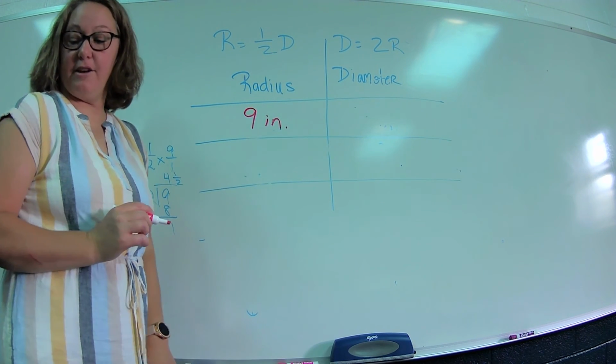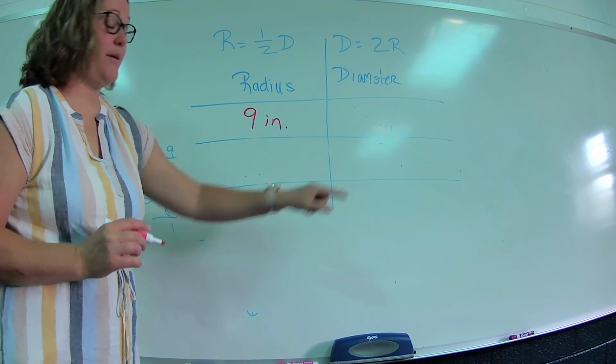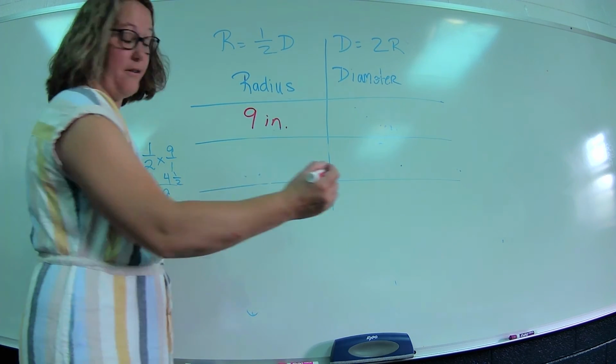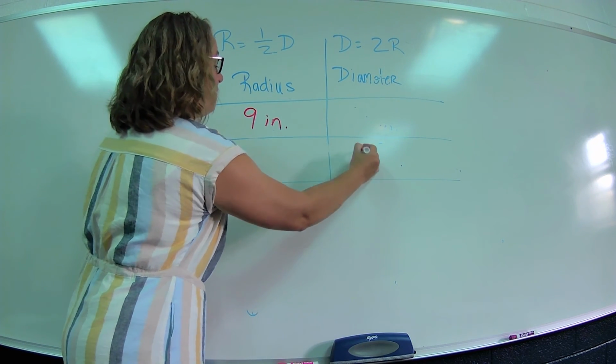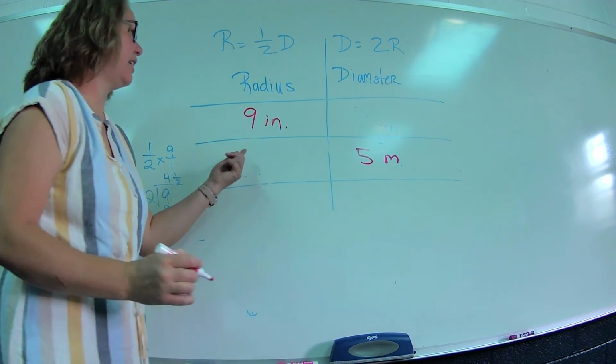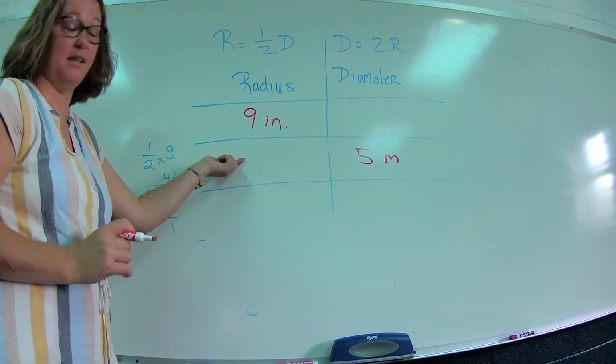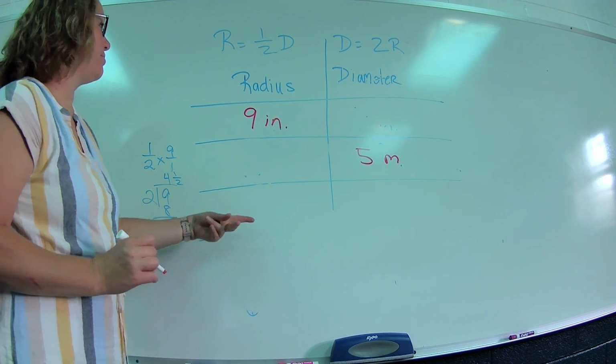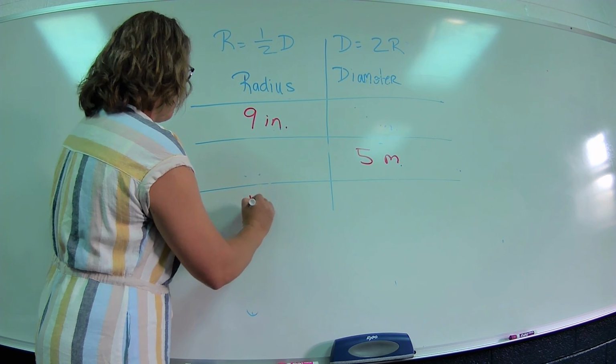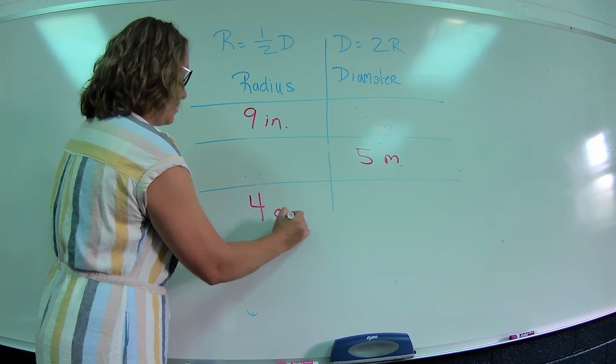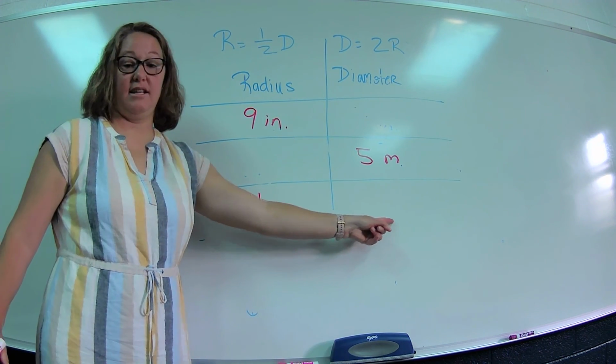If I gave you a diameter of 5 meters, I want you to find the radius. And then if I gave you a radius of 4 centimeters, I want you to find that diameter.